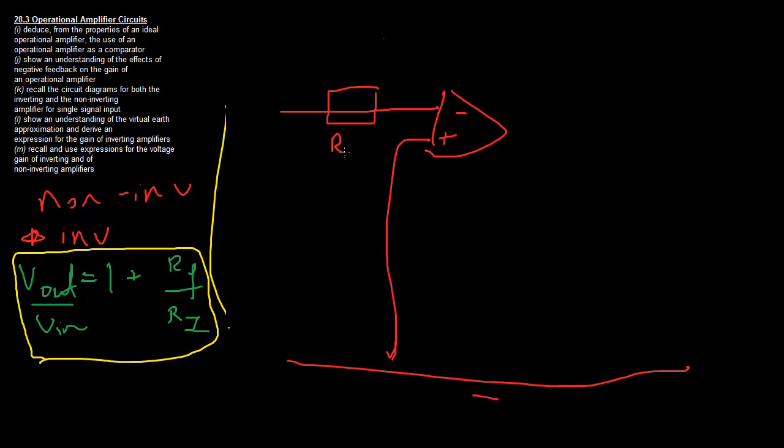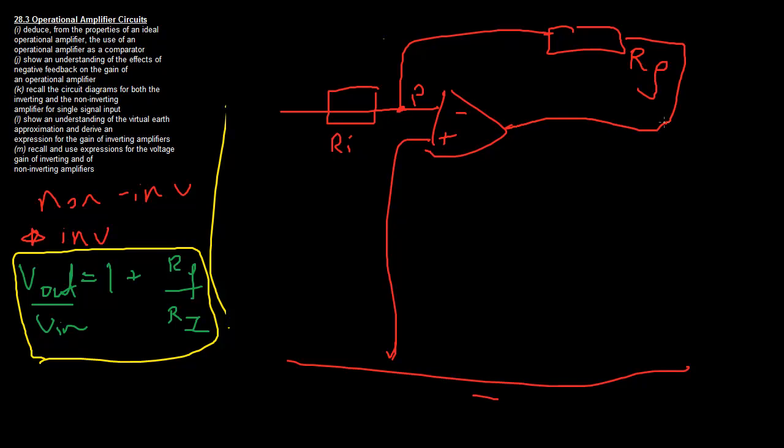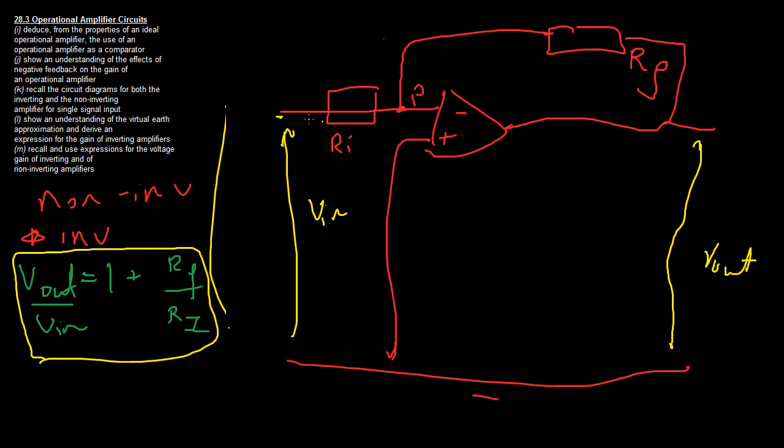So this one is called RI, and it attaches to a point here called P, and then there's another resistor here called RF, and this comes down and across to here. And then of course we need to see where our inputs and outputs are. So this one here is called V in, and this one here is called V out. So it's a similar idea, and basically all we've done is say that the voltage in comes through the inverting input instead of the non-inverting input.